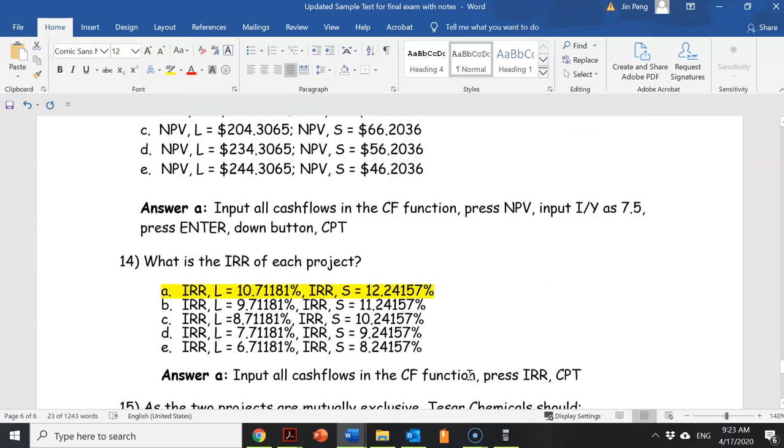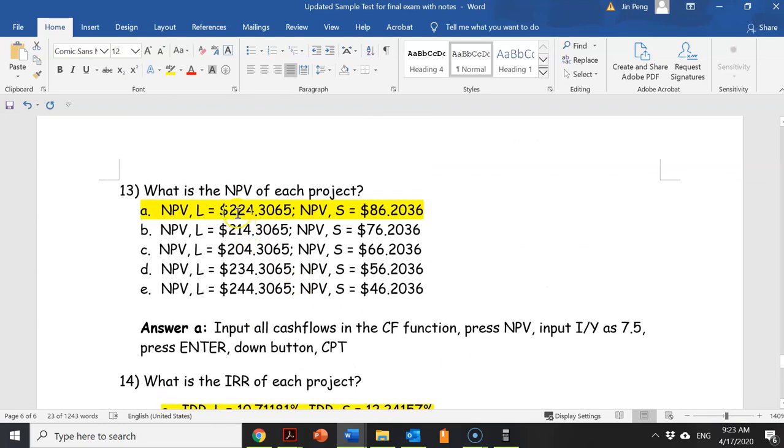Comparing their NPV, they both have positive NPV, but L has a larger NPV. So based on NPV, we should accept L because it has the highest NPV and a positive NPV.